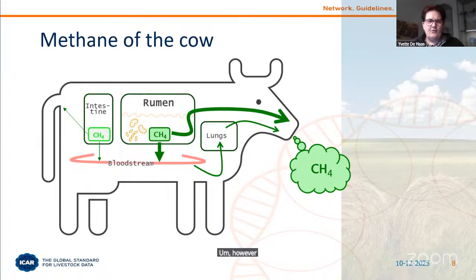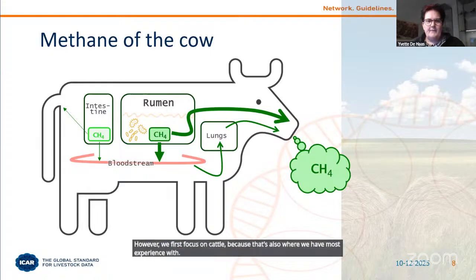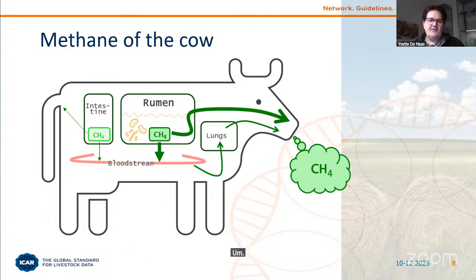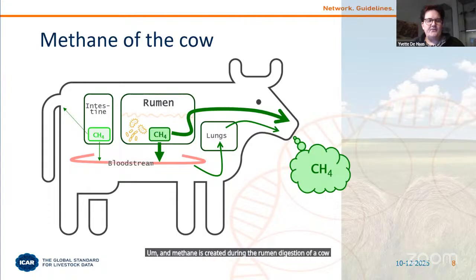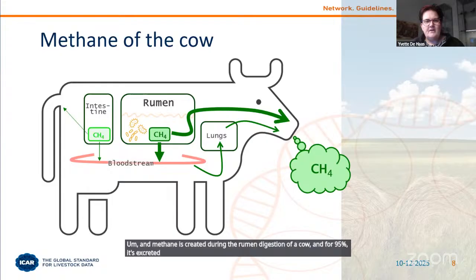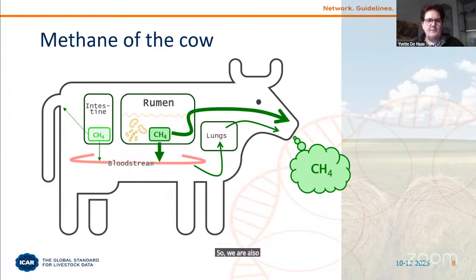However, we first focus on cattle because that's also where we have most experience. And methane is created during the rumen digestion of a cow, and 95% of it is excreted through the mouth. So we are also looking for breath sample devices to be tested here.